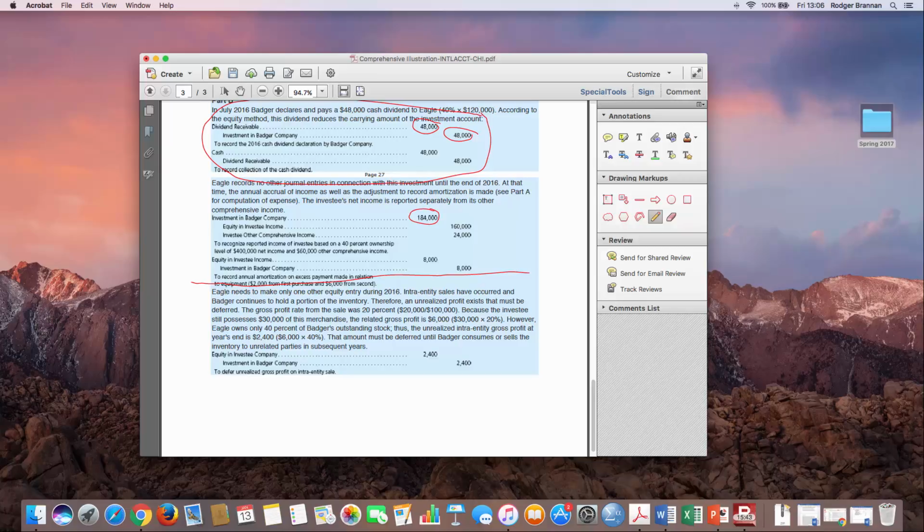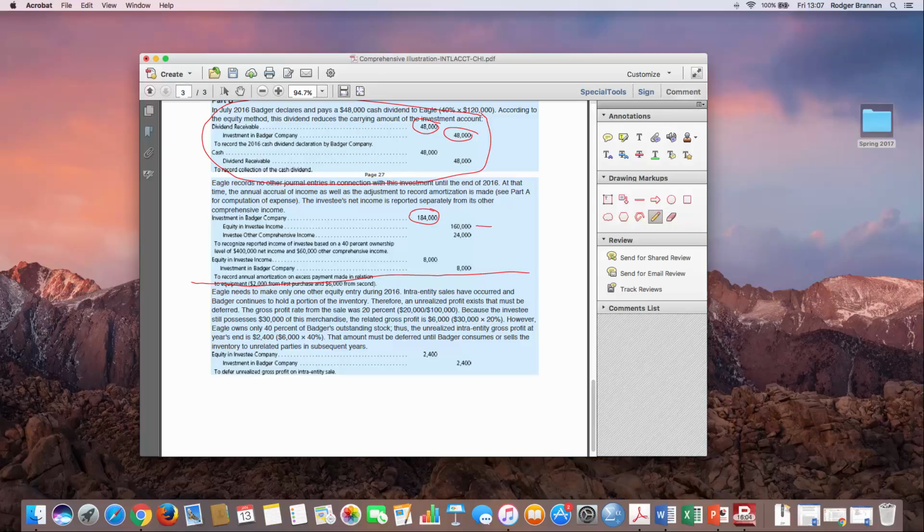You don't have to make a distinction in investment. So the 400,000 times 40%, the 60,000 times 40% gives you 160,000 and 24,000. So the investment account can be increased by the total amount of 184,000. No real distinction needs to be made there.